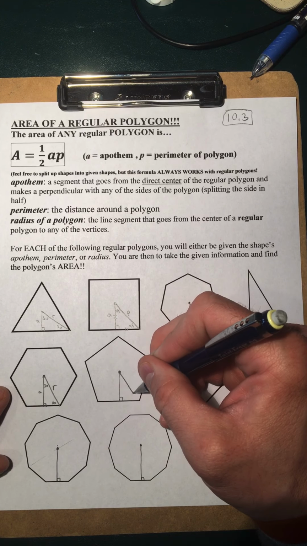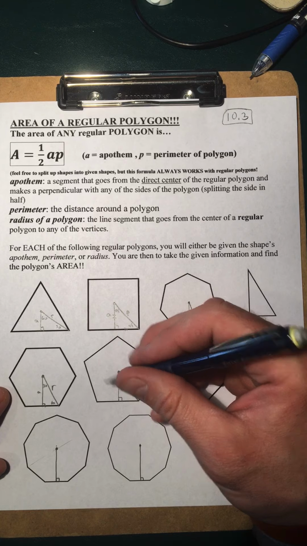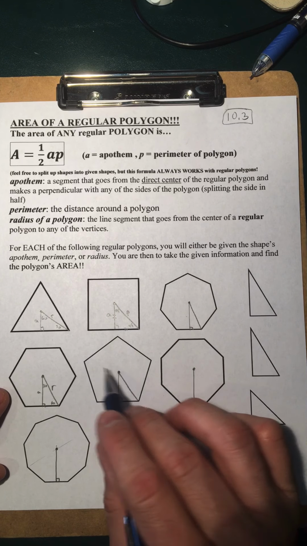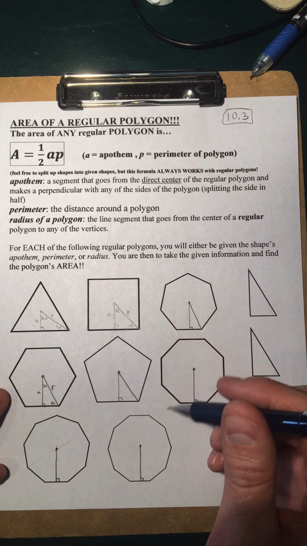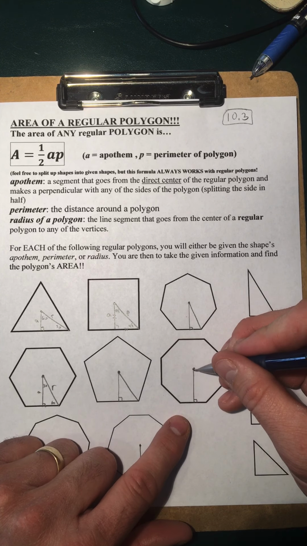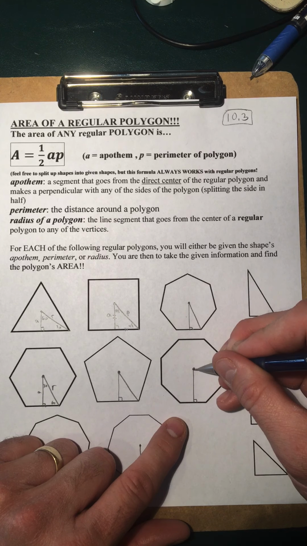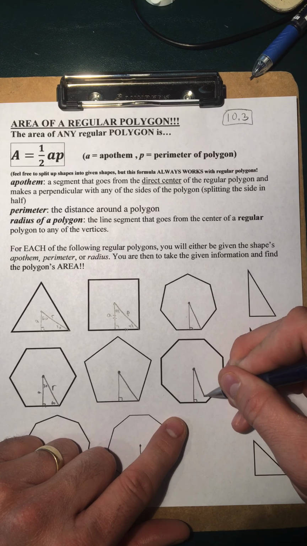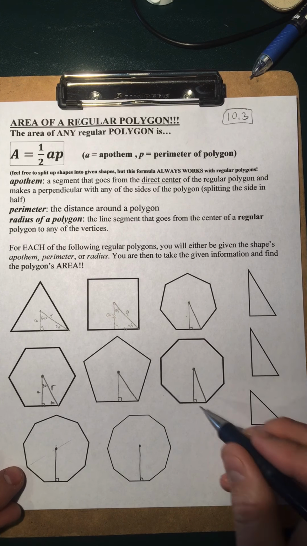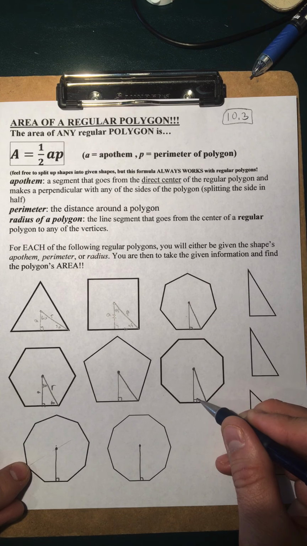Again, a pentagon is not a perfect one of these because the angles are a little bit different, since it's not a 45, 45, 90 or a 30, 60, 90. The other one I wanted to show you was this octagon.